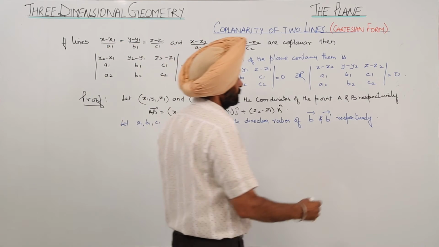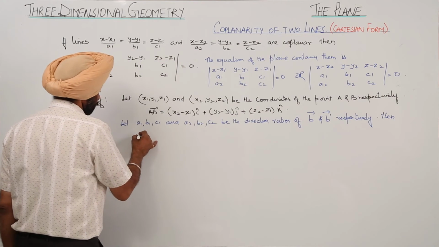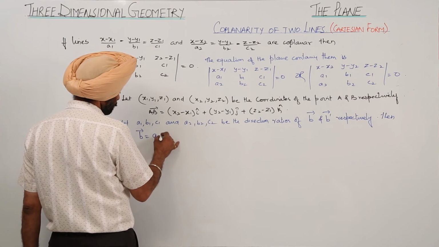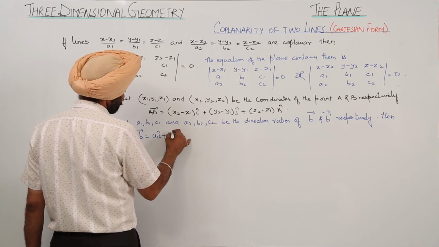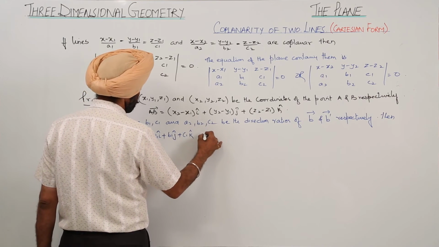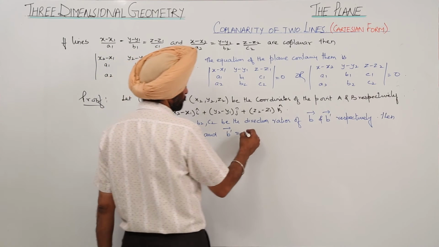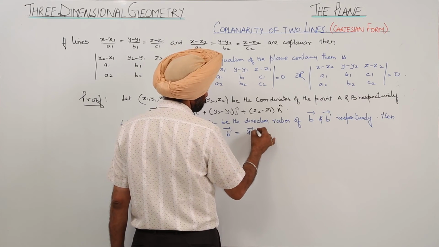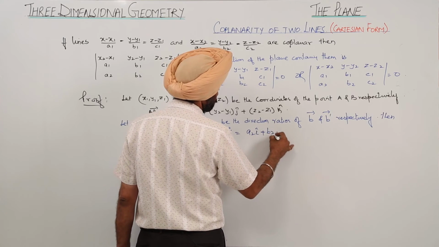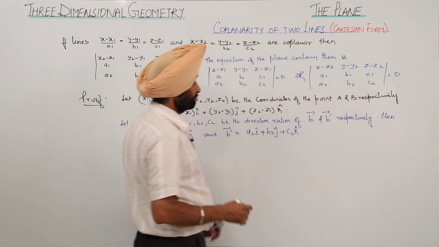Then vector b will be represented as a1 i cap plus b1 j cap plus c1 k cap, and vector b dash can be represented as a2 i cap plus b2 j cap plus c2 k cap.